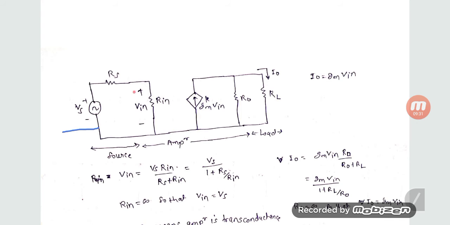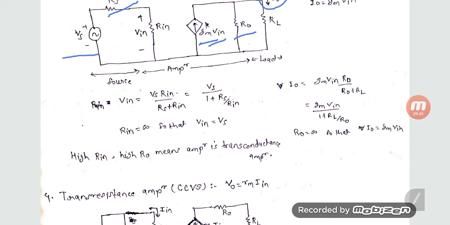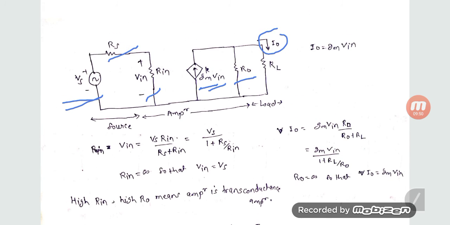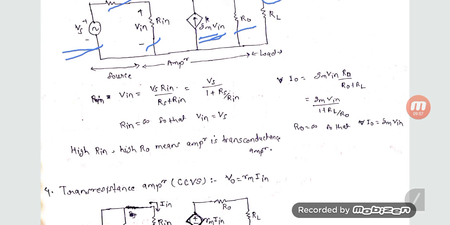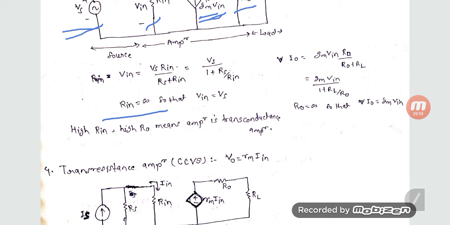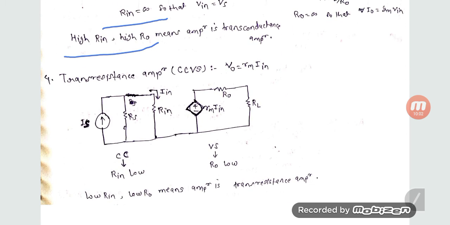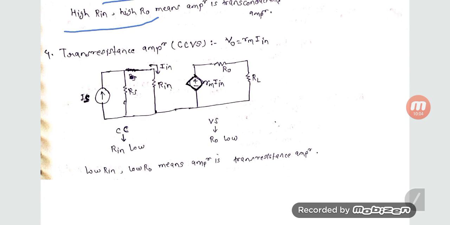So for Vs, the internal resistance will be in series, and here we need output current, so the dependent source will be in current form, and the output resistance will be in parallel. If the input side is voltage, Rin should be large, and if we have an output current source, we require high output resistance. So here we need both input and output resistance high compared to source and load resistance.